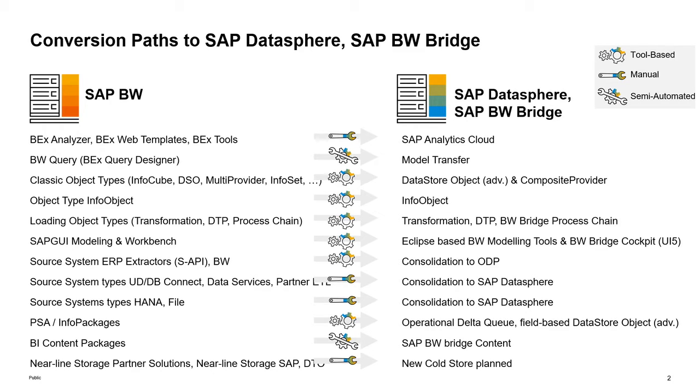Now, SAP GUI modeling and workbench, if you think of RSA1 and many of those other RS transactions that you would have leveraged in a NetWeaver BW or a BW/4HANA system, those do not exist in the BW Bridge. So what we have to look to leverage is things like BW modeling tools through Eclipse, and also the BW Bridge cockpit, which is based on UI5, to be able to do much of that work that we would have previously done through the SAP GUI.